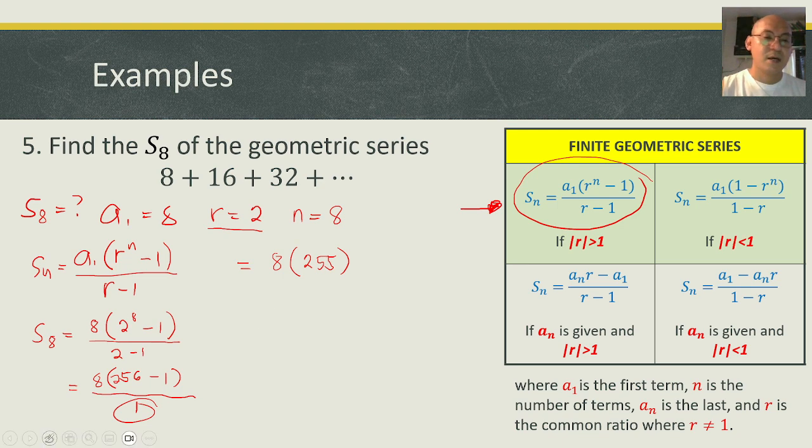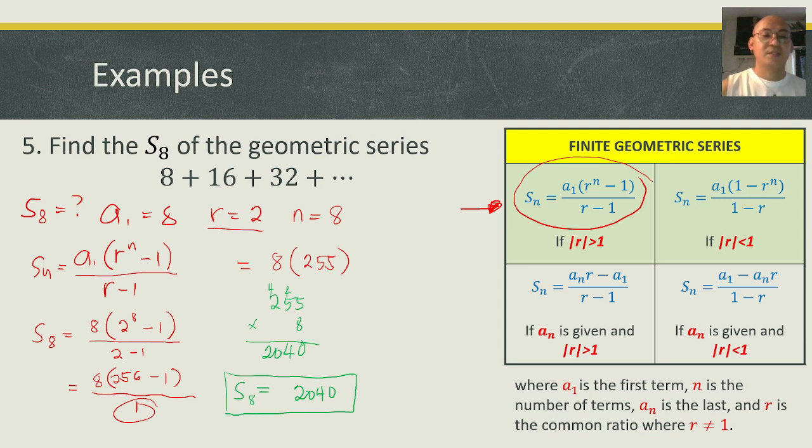Let us multiply. We have 255 times 8. Just like in elementary level, we have 0, carry 4, 40. We have 44, carry 4. We have 8 times 2 is 16, plus 4 is 20. Therefore, we have now 2040 as the series of 8 terms. Just for the guide.